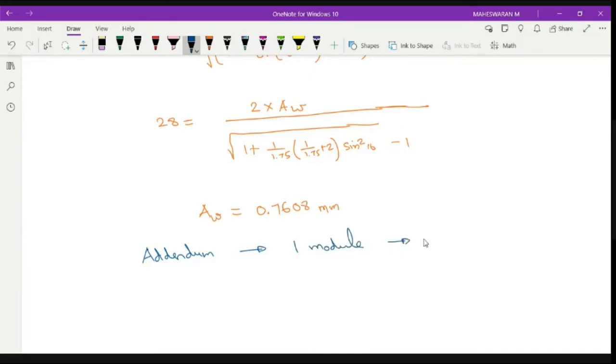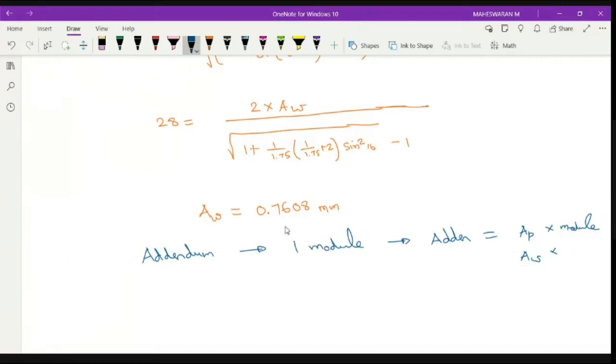Which means the real addendum, whatever value you want, should be equal to the value of this AP or AW into your module value. That gives you the real addendum for this particular tooth, right?